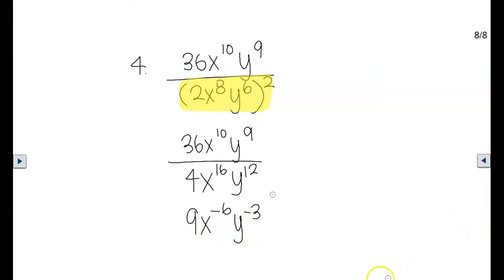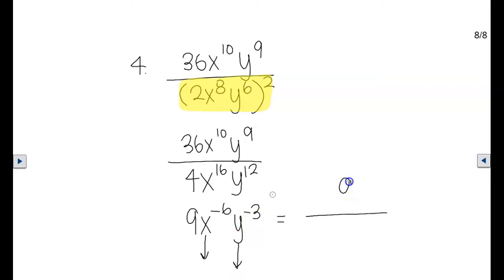But notice this time in our answer, we are seeing these negative exponents. And when I see negative exponents, I know that means my answer is going to end up having a fraction in it. Now, what's being raised to a negative power? Well, the x is. So the x is going to need to drop down to the bottom of this answer. And the y is. He's going to need to drop down to the bottom. That 9 is the only thing that is not being raised to a negative power.